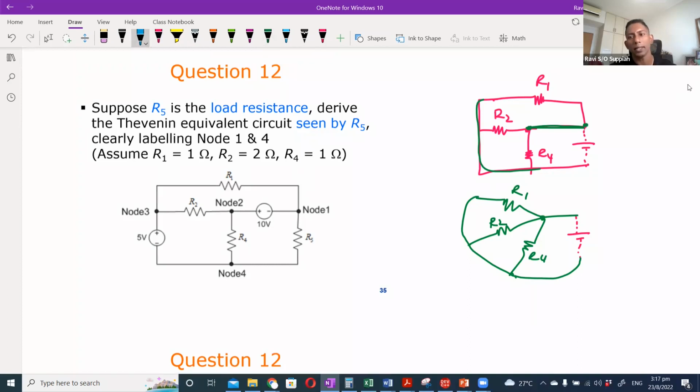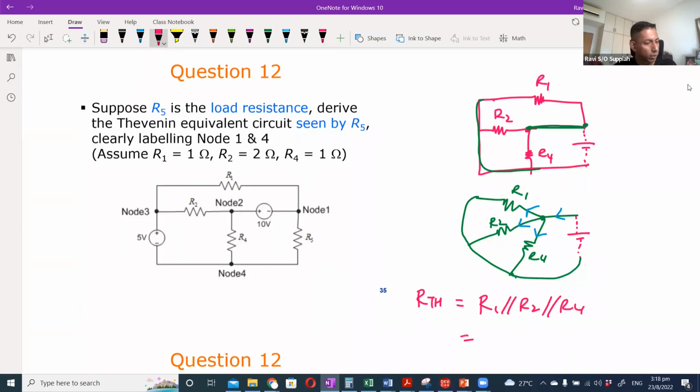If I were to imagine the current flow, the current comes out here and splits into R1, R2, and R4. As long as current splits into two or more branches, those branches are considered parallel. Which means that this RTH, Thevenin's resistance, is actually R1 parallel to R2 parallel to R4.